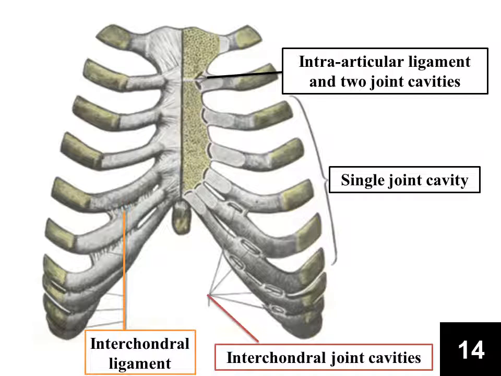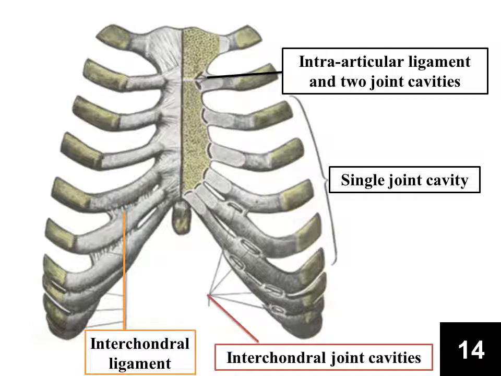These joints are synovial and small, as you see in the diagram. They are synovial joints between the contiguous margins of adjacent costal cartilages from 7 to 10. Between these is the synovial joint we call the interchondral joint.